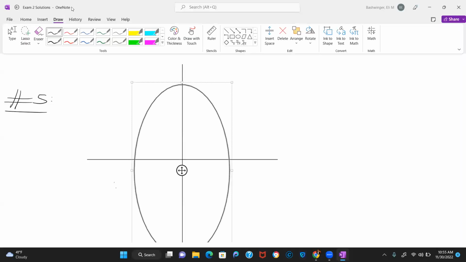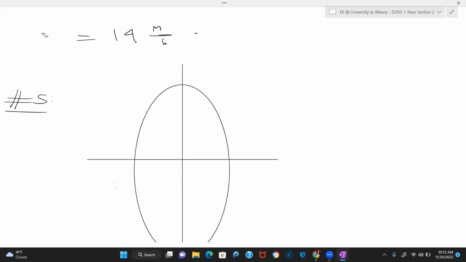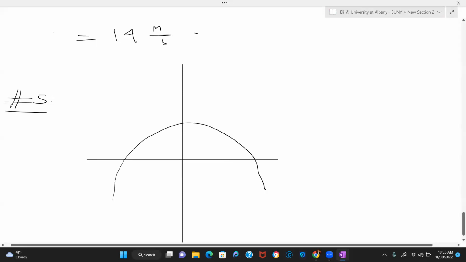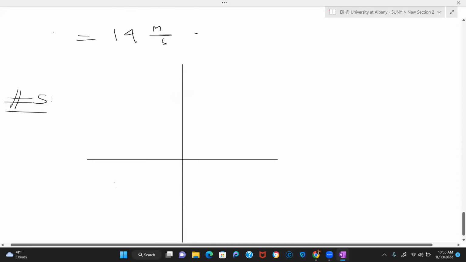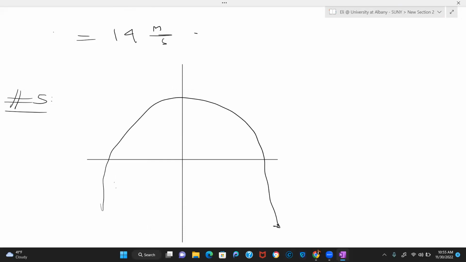What if it erases the whole object if I do that? Yeah, it erases. All right. Whatever. I can't do it. It's as good as it's gonna get.